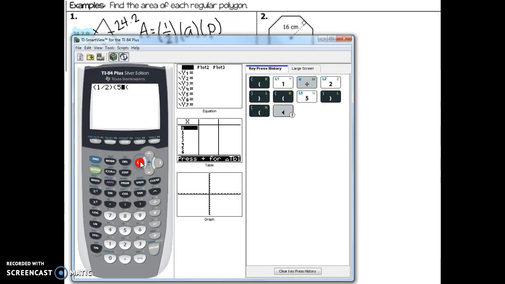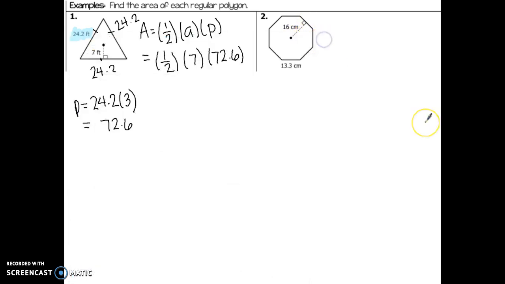So this was 7, and then multiplied by our perimeter, which was 72.6. So that ends up being 254.1, and that's our answer. So here, our A does end up being 254.1.